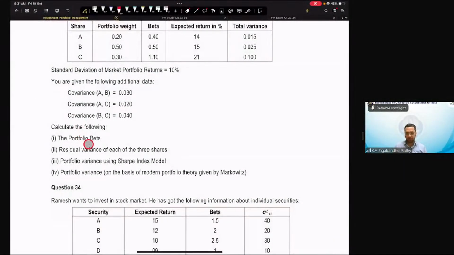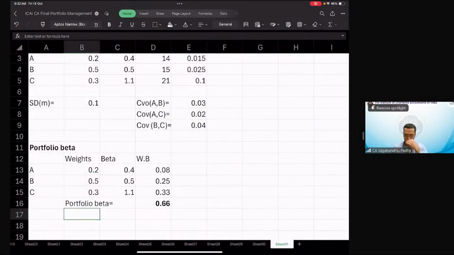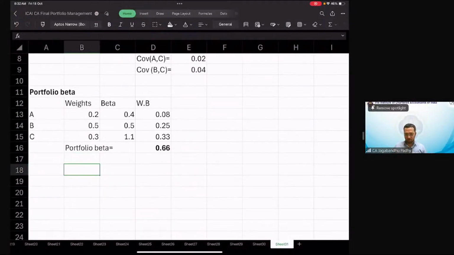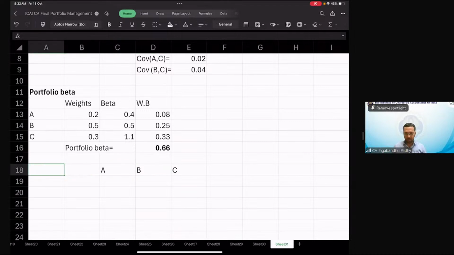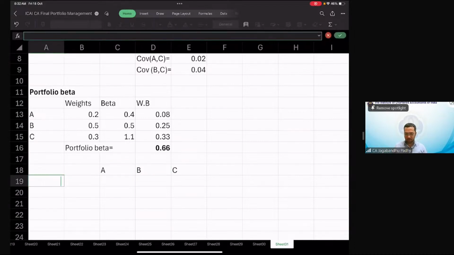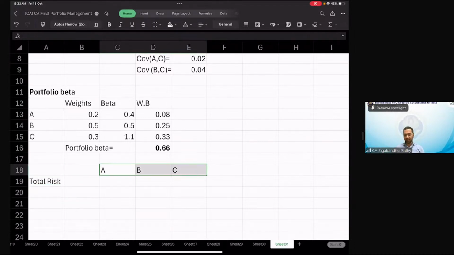Then we have residual variance of each of the three shares. Now residual variance means the unsystematic risk, unsystematic risk for each of those stocks. Okay. So let me name them as A, B, and C. We know the total risk. Total risk is given in the question, guys.